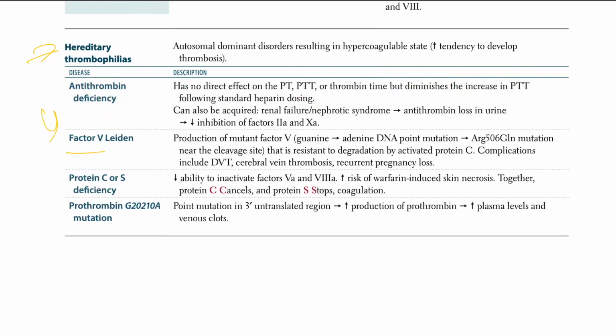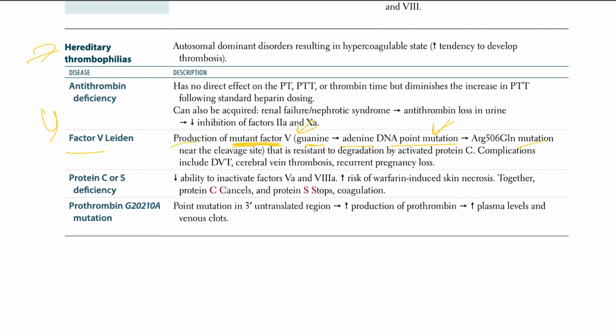Second thing, factor V Leiden. In factor V Leiden, what do we have? We have production of a mutant factor V, through a guanine-to-adenine DNA point mutation, which leads to an Arg506 mutation near the cleavage site.